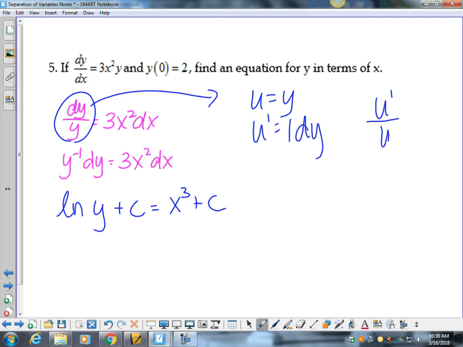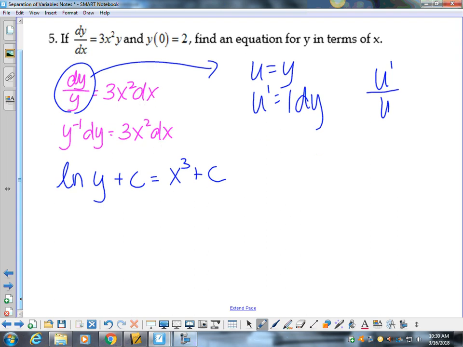Okay, now I'm going to test some algebra skills. Let's see. Ln of y equals x cubed plus c. I want to solve that for y. Equals, how'd you get it? You snail it.